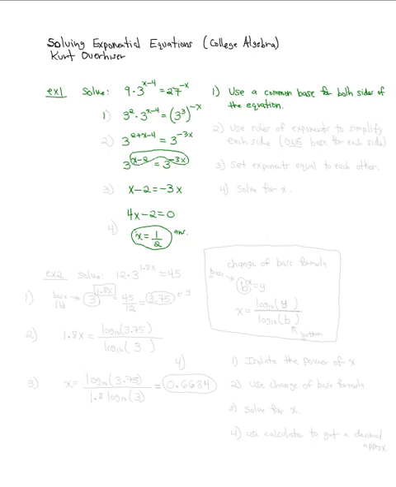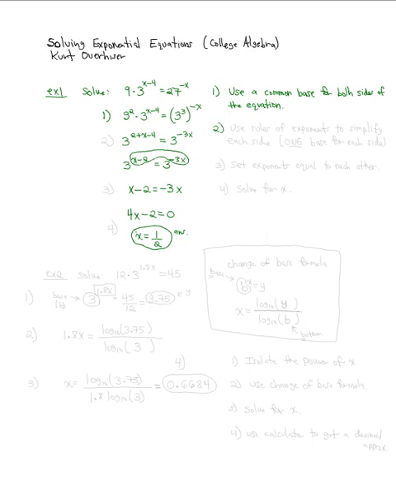So this right here is really step number 1. We had bases of 27, 3, and 9, and the least common base is 3, and so we expressed all the bases as powers of 3, and that's what it means to use a common base for both sides of the equation.